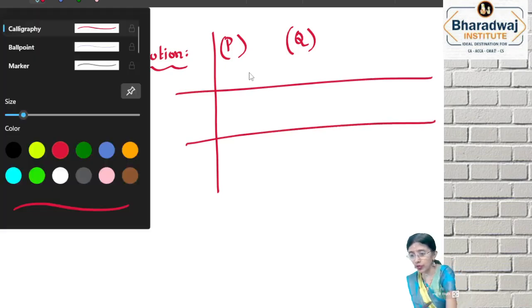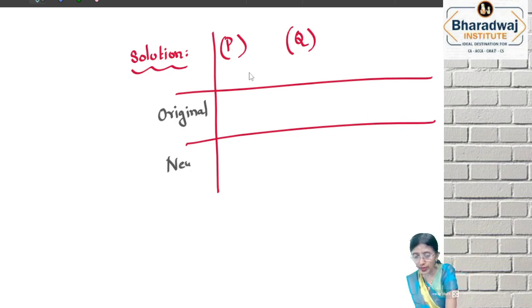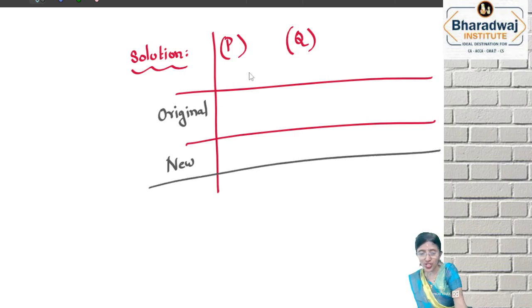So here I'm going to give you two things, that is original and new, because I took easy, simple numbers, but if complicated numbers are there, you can work out how in your working sheet you will do rough work column. Original price and quantity, new price and quantity, and I have a column for change.